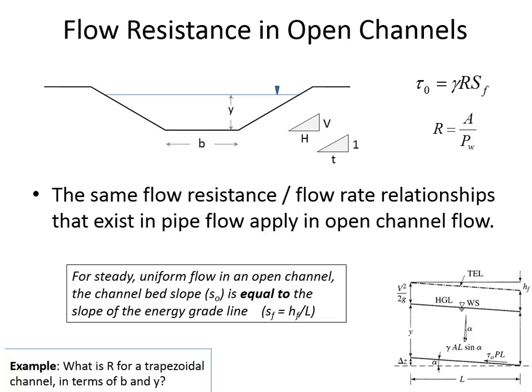We can say it is B plus 2y times the square root of 1 plus t squared. And so the hydraulic radius, in conclusion, will be by plus ty squared divided by b plus 2y square root of 1 plus t squared.